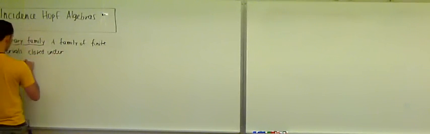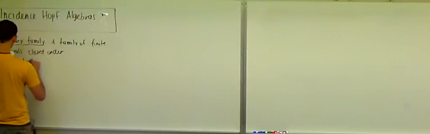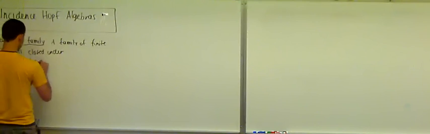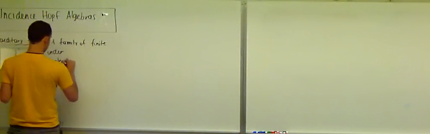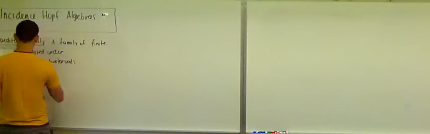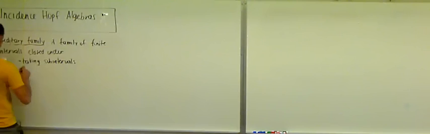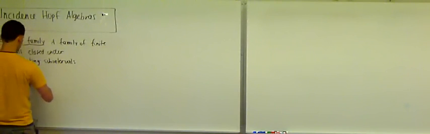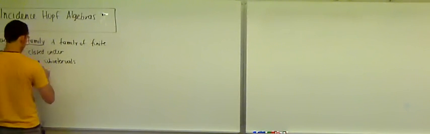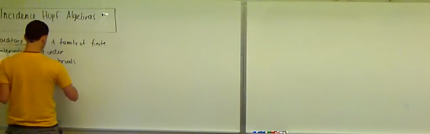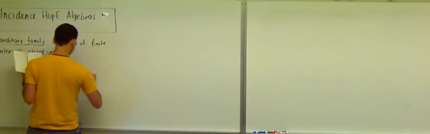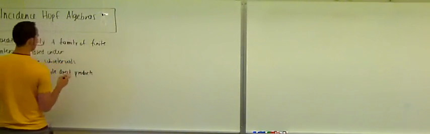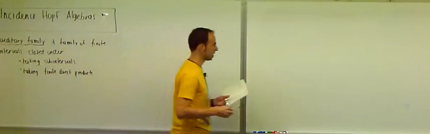It should be closed under taking subintervals, and it should be closed under taking direct products. Okay. And I'm going to call this family P.